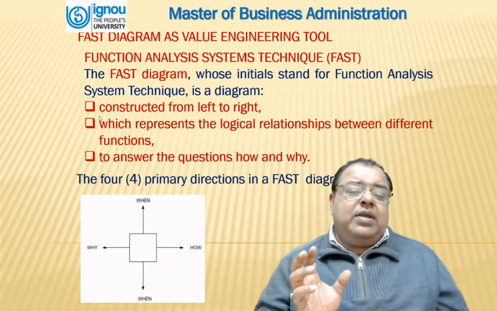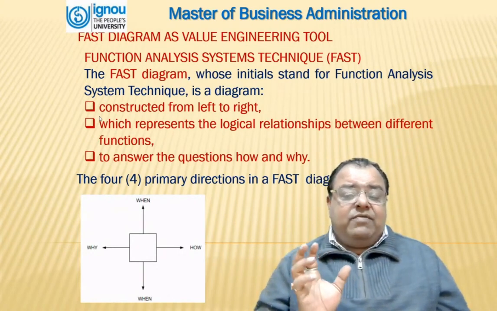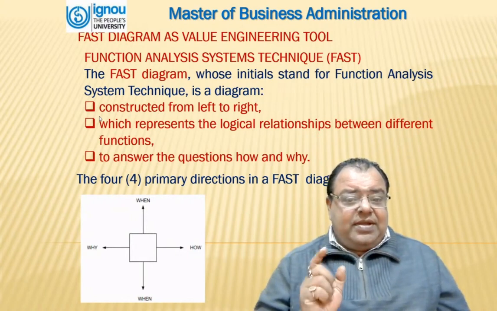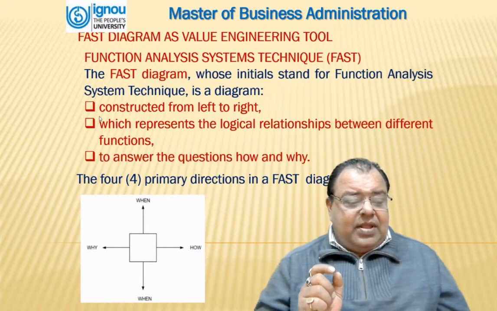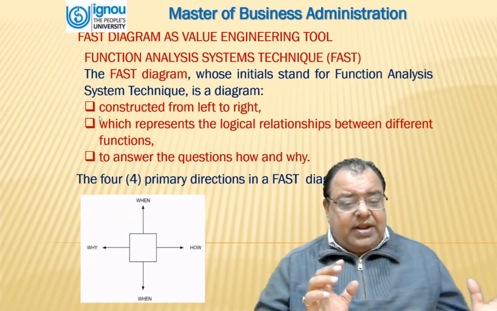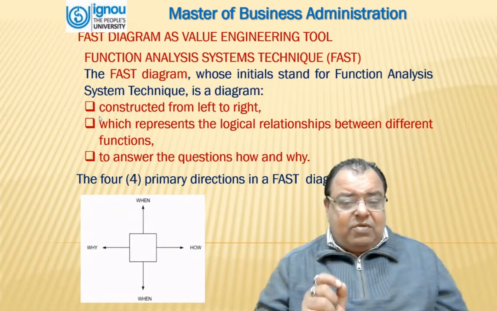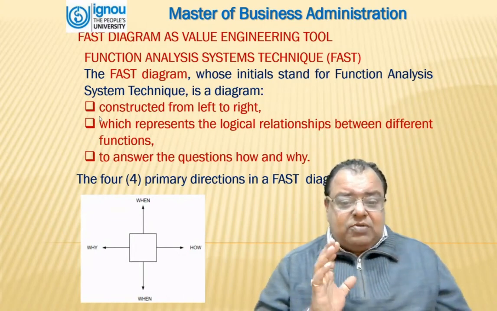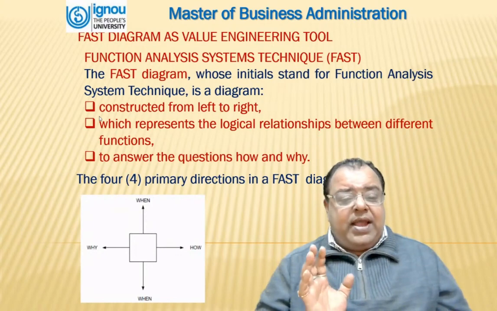The FAST diagram, whose initials stand for Functional Analysis System Technique, is a diagram constructed from left to right, which requires the logical relationship between different functions, and to answer the questions how and why.